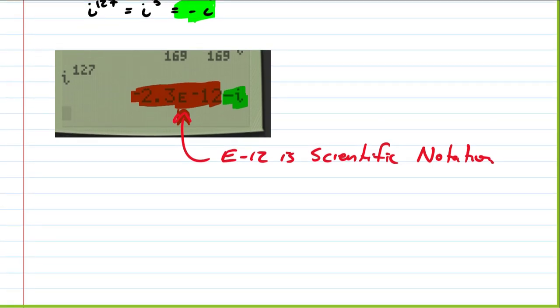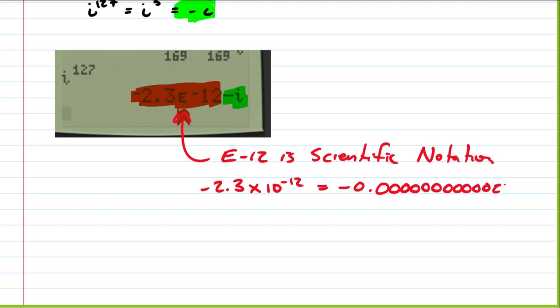So what that number really is, negative 2.3 times 10 to the negative 12th, which means I would need to move my decimal to the left 12 spaces. So this is really negative 0, and if I move that to the left 12 places, that's going to be 11 zeros: 1, 2, 3, 4, 5, 6, 7, 8, 9, 10, 11, 2.3.